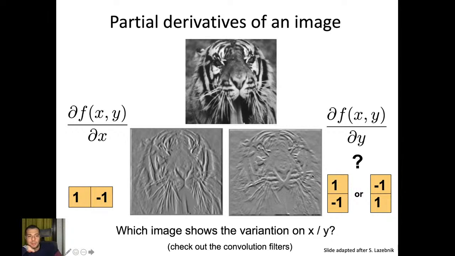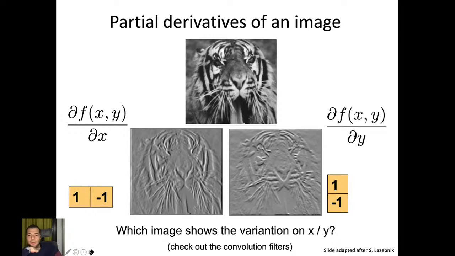And the same applies here. For example, look here at the cheek. When we go from black to white, then we have white intensity. So this means that the filter that is applied here is 1 minus 1. So you can easily figure this out visually.